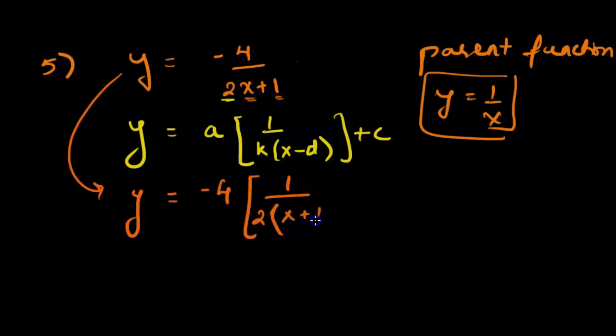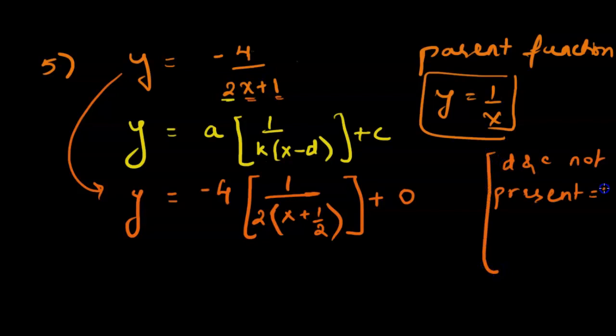The second term is +1 divided by 2, so it's basically 1/2. Because we do not have anything for c, c is 0. So remember, if d and c are not there, we put them as 0. However, if a and k are not there, we put them as 1. So this is an important point to note, because there could be an instance where any of these parameters would be missing.